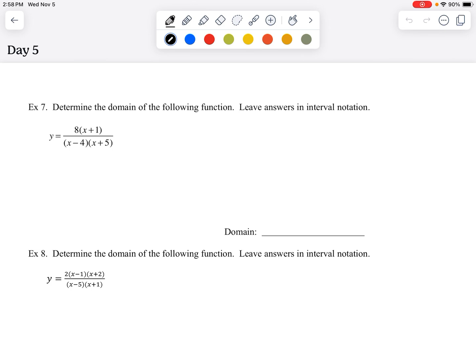And I just want to go through a couple examples here. For the first one, they just want the domain, and I'm not going to do the full-on graph, but the domain, you really have to pay attention to the vertical asymptotes, which in this case would be at -5 and 4.